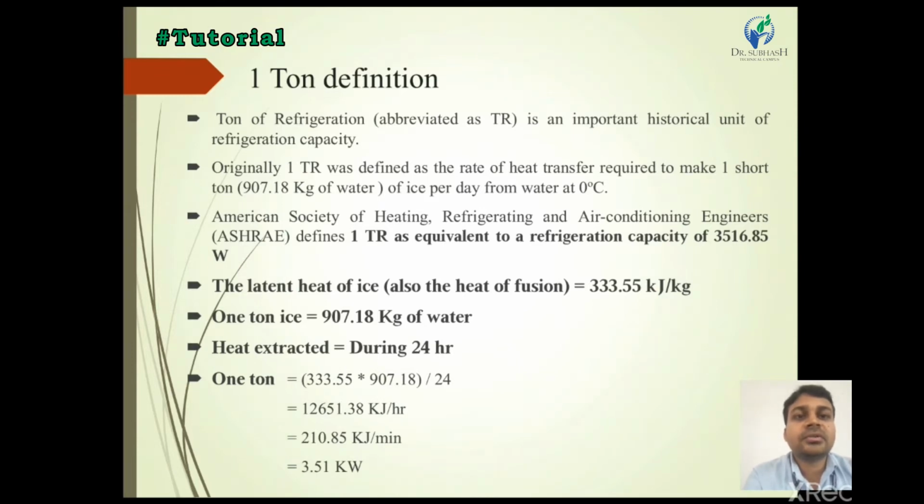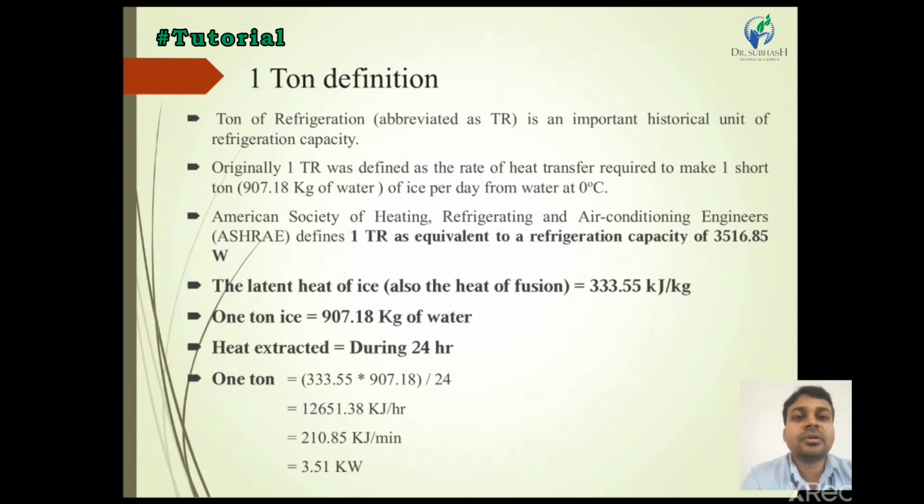If we consider the latent heat of ice as 333.55 kilojoules per kg, then we consider 1 ton of water. Usually 1 ton of water is equal to 907.18 kg of water. For a precise condition we consider 907.18, not 1000 kg of water. This is the heat extracted from the water during 24 hours.